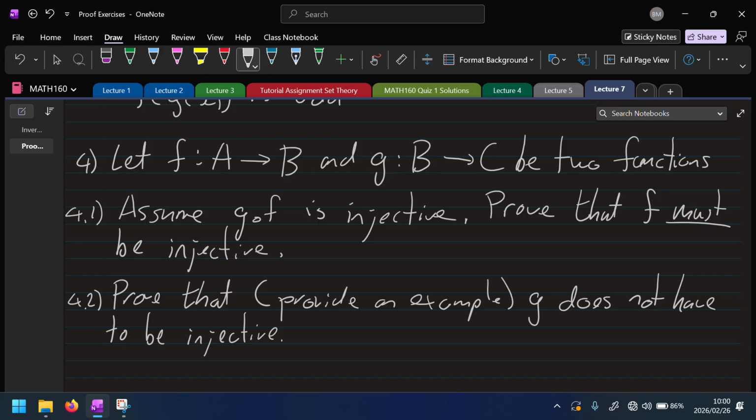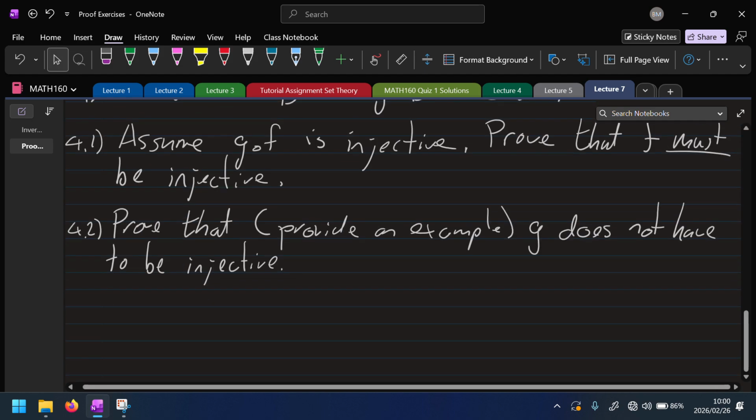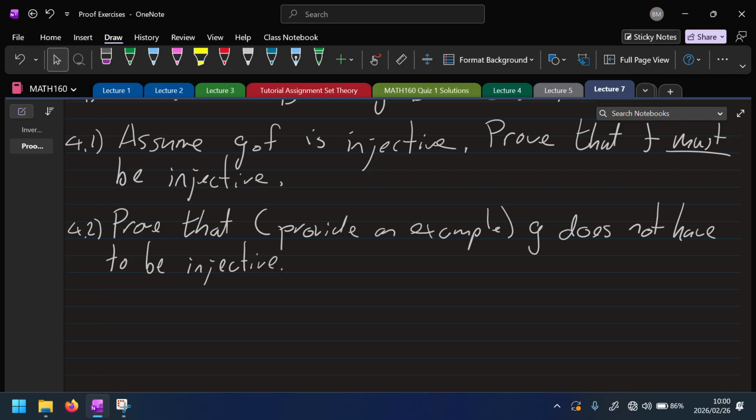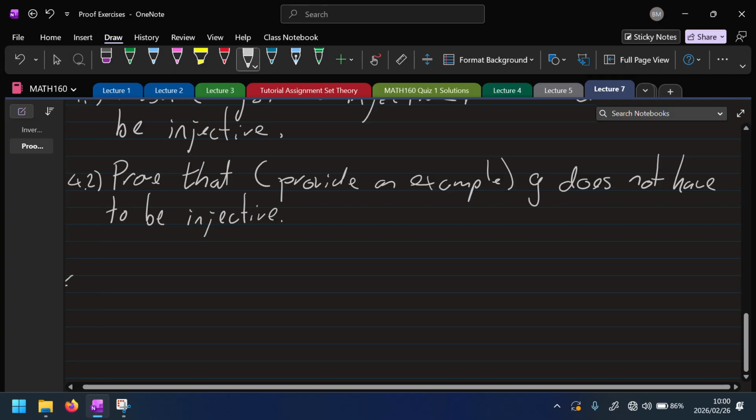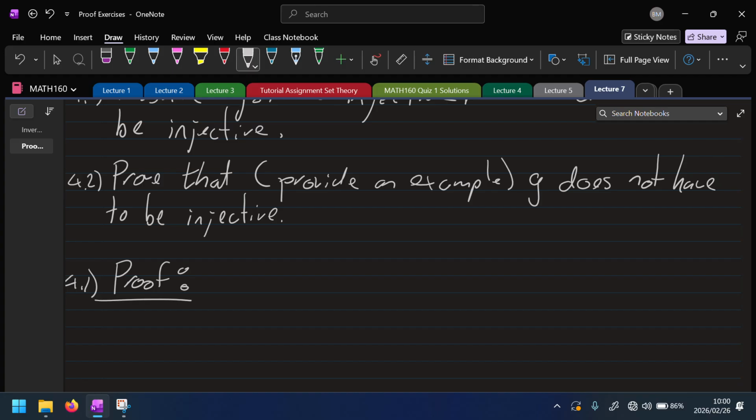Okay, just read that a couple times just to understand which way we're going. So let's start with the first one. So we know that the composition is injective. We want to show that the first one is injective. Okay, so 4.1. Proof. Let's just draw a little diagram just to see what we're working with.